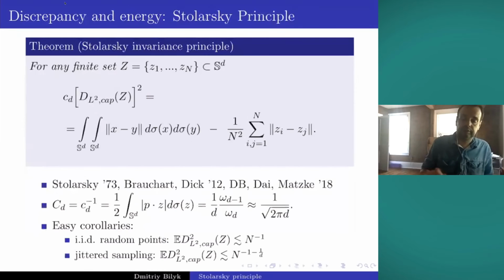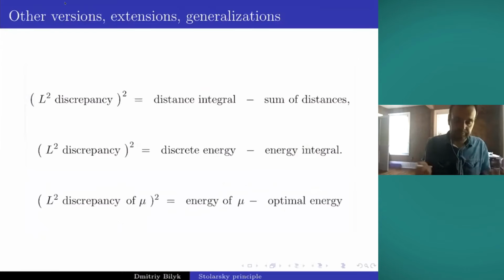That would also give you a Stolarsky invariance principle for measures. That can be useful because if you get something like this, it gives you information about the optimal energy, since you know that the left-hand side is positive. If you have an expression of this form, you immediately know something about the optimal energy.